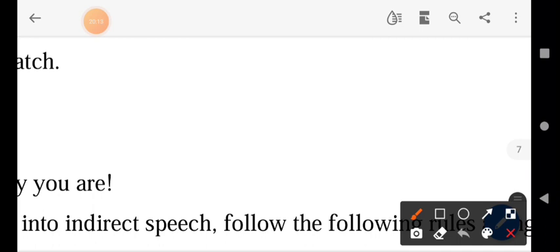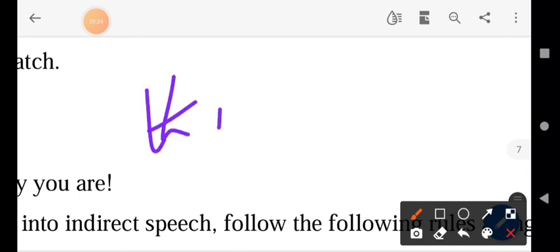That is more important. My dear students, one more thing: we already know the adverbs. What do the adverbs change into when we change into reported speech? This changes into that.